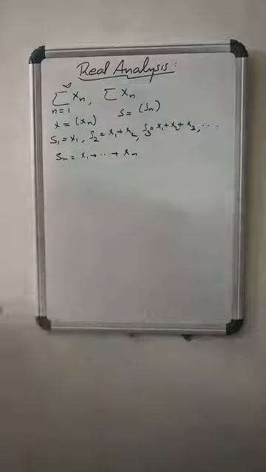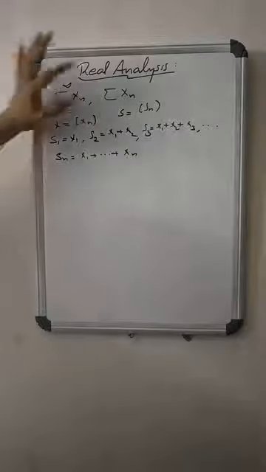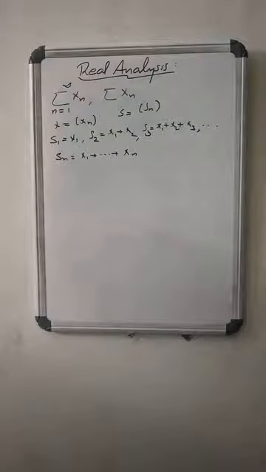So this is the nth partial sum. It is usually denoted by sigma n ranges from 1 to infinity xn, or simply sigma xn.